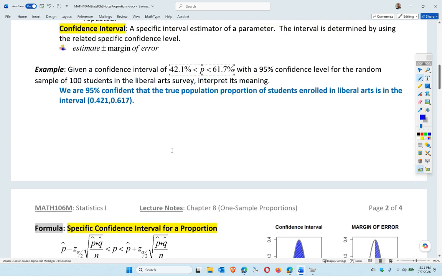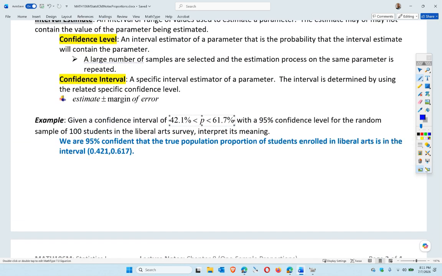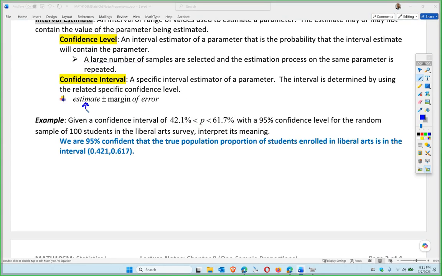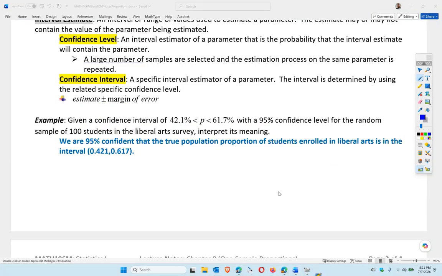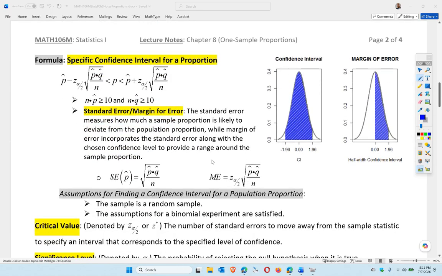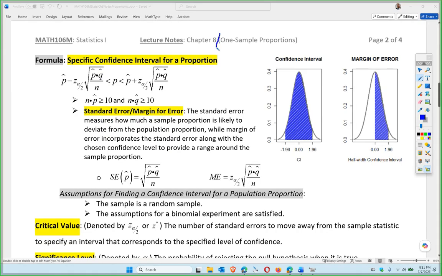All right, so the way that you calculate a confidence interval, which I just gave you the one in here, is an estimate, which is the sample, plus or minus the margin of error. Okay? All right, so the first half of Chapter 8, we're doing one sample proportions, right? The second half we'll do one sample means, again, for population. So this is our estimate, this is our sample, and this is our margin of error.